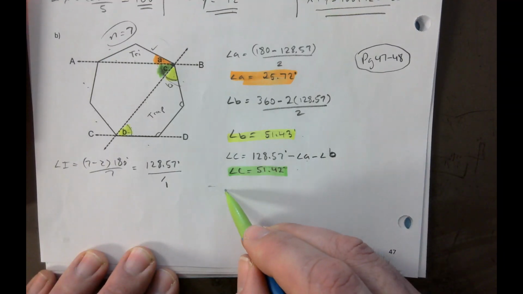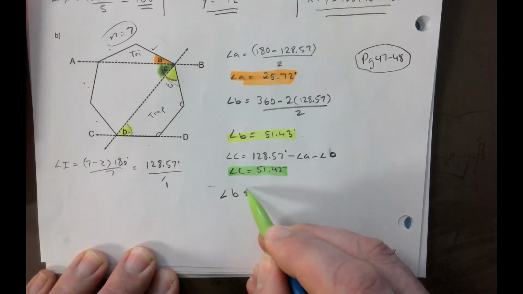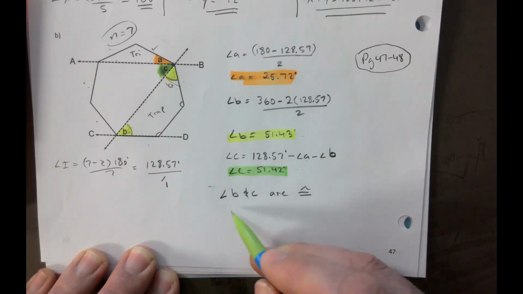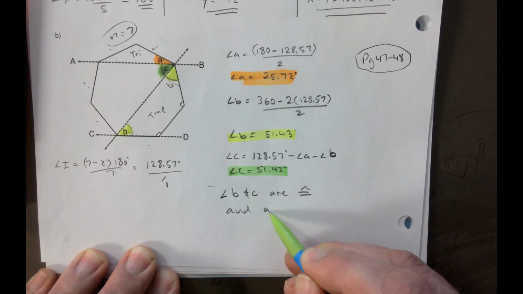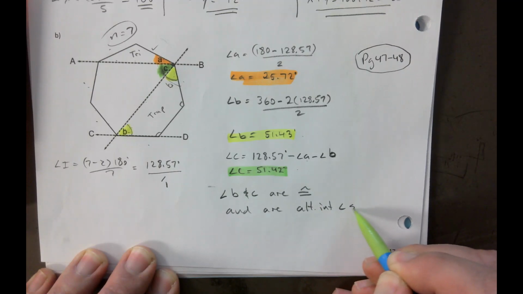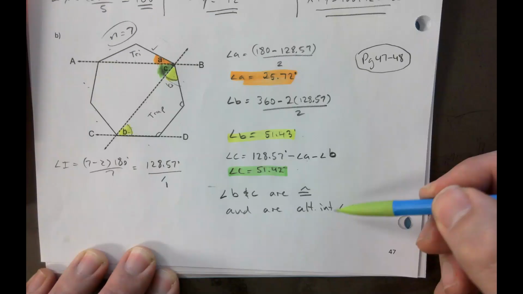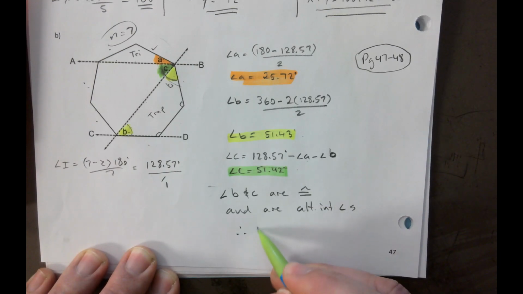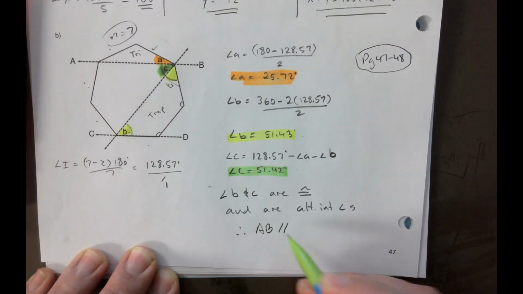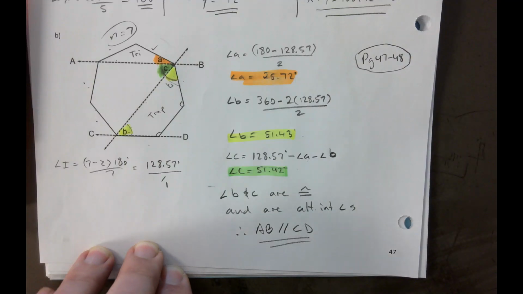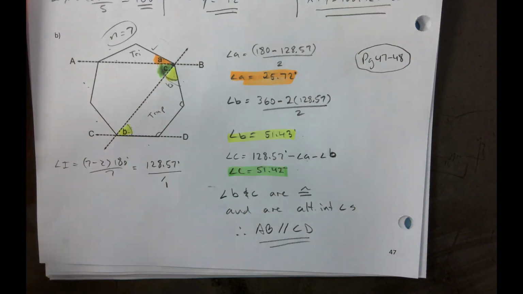So angles B and C are congruent and are alternate interior angles. So that's very important that you have the name and what is true about them. Therefore, AB is parallel to CD. Some of you write it all out, like you write a little statement. That's perfect, okay?